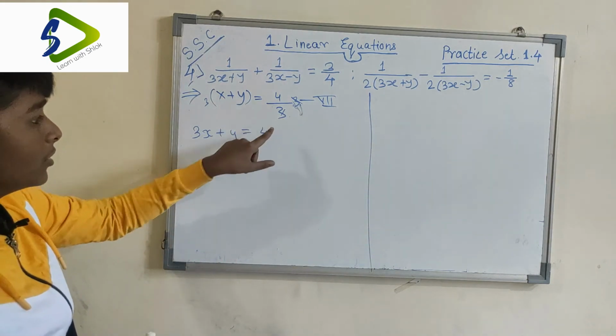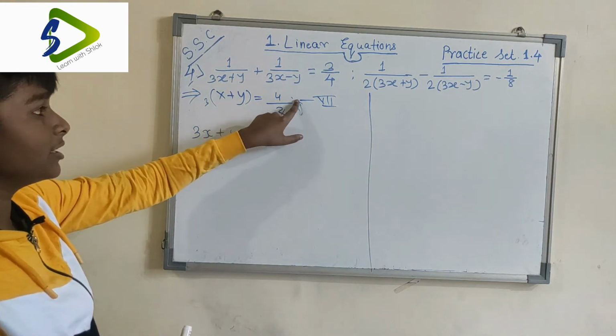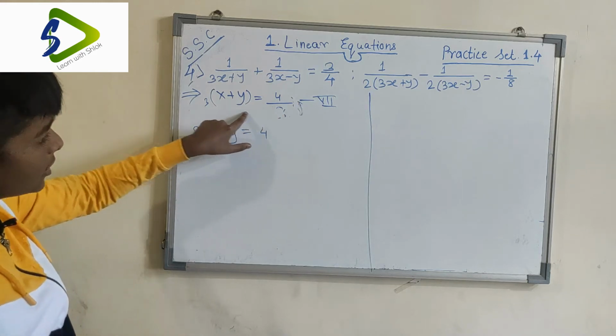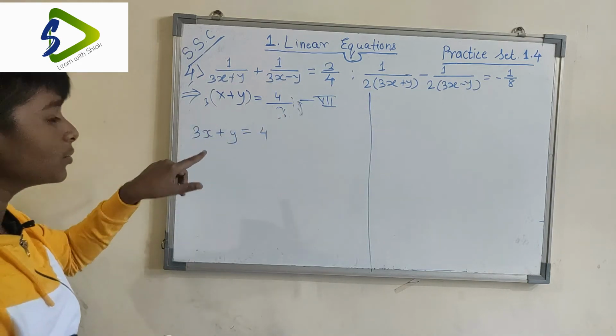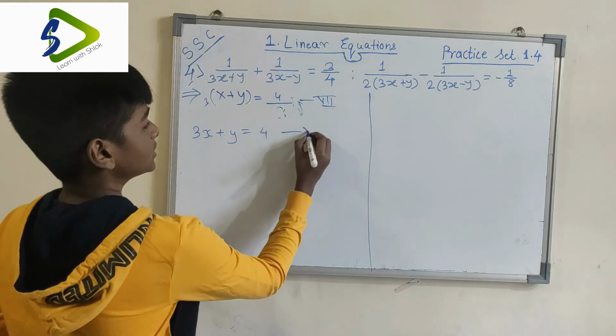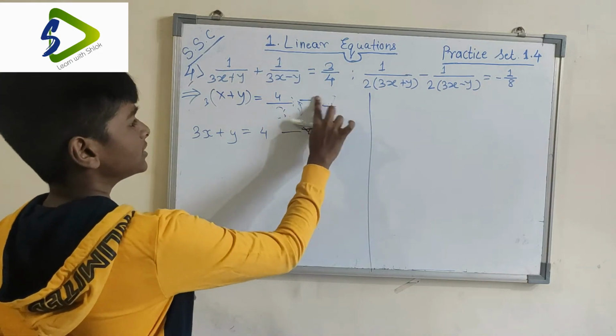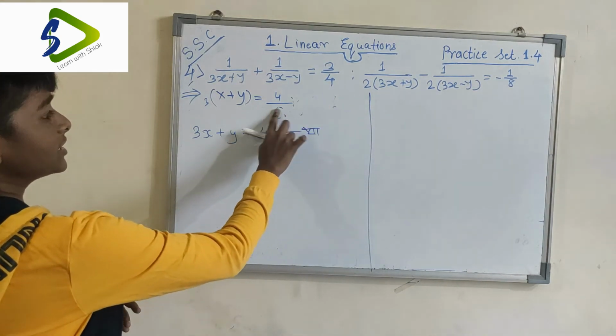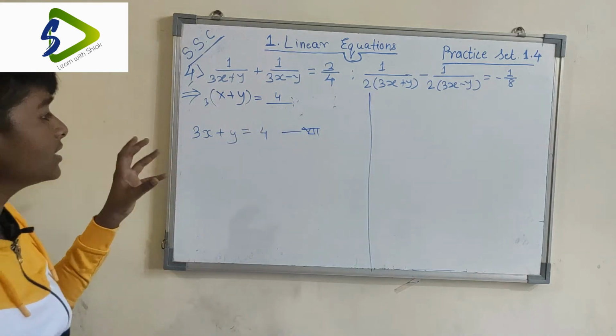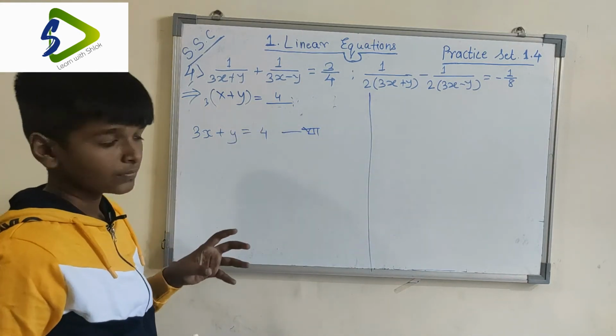Okay, what I did here, I didn't multiply by 3, I just took 3 to this side again, because this was what we wanted. So let's consider this as the 7th equation, and you don't need to write this down. Okay, so our equation is 3x plus y is equal to 4, and let's consider this as the 7th equation.